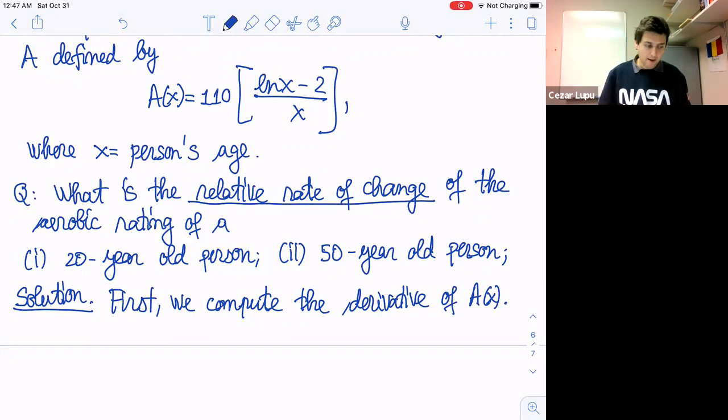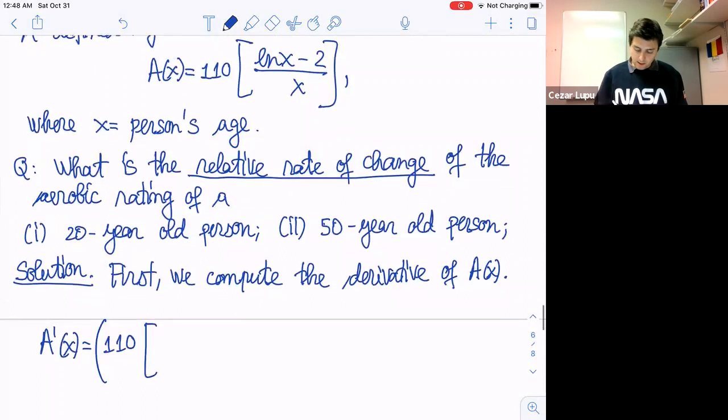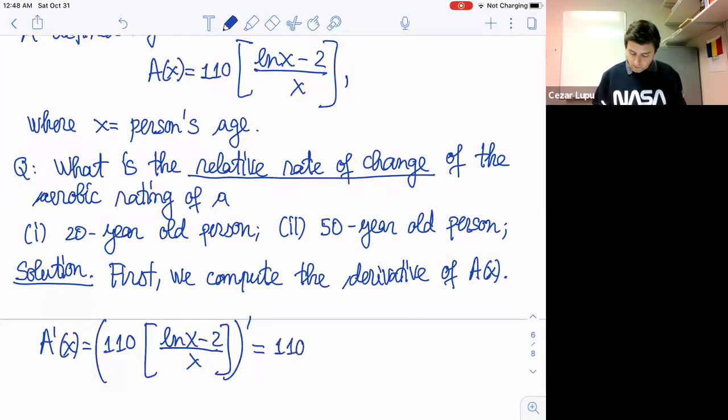So we have that a prime of x is nothing else than just 110 times, let me write it like this, ln of x minus 2, everything over x, and everything prime. So this will be nothing else than just 110, and then we have to compute the derivative with respect to x. So d over dx of ln of x minus 2, everything over x.